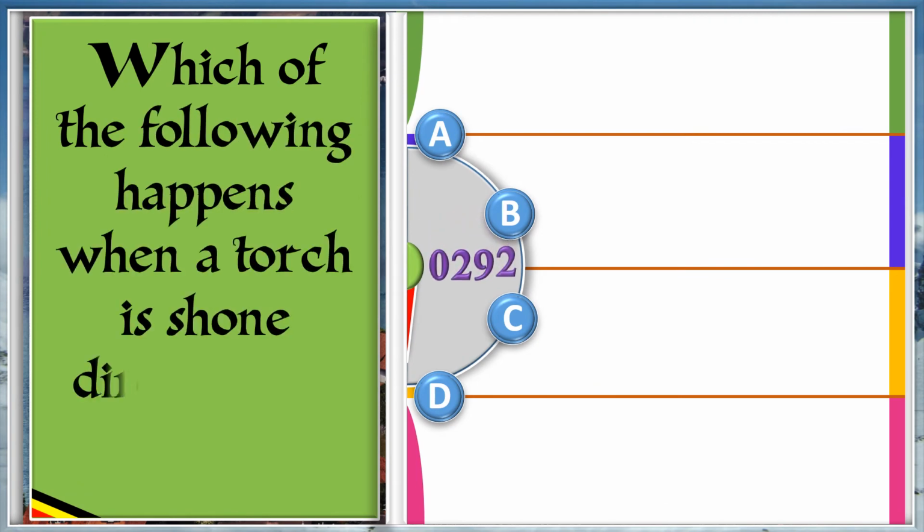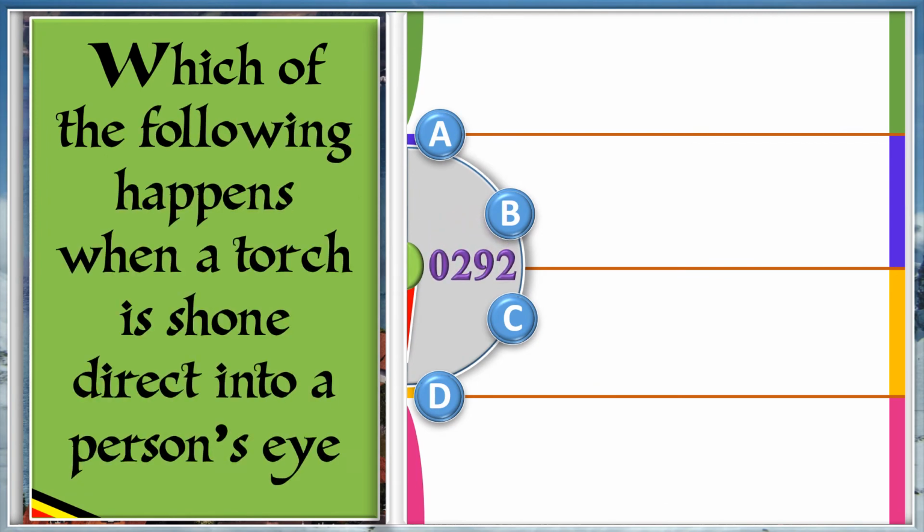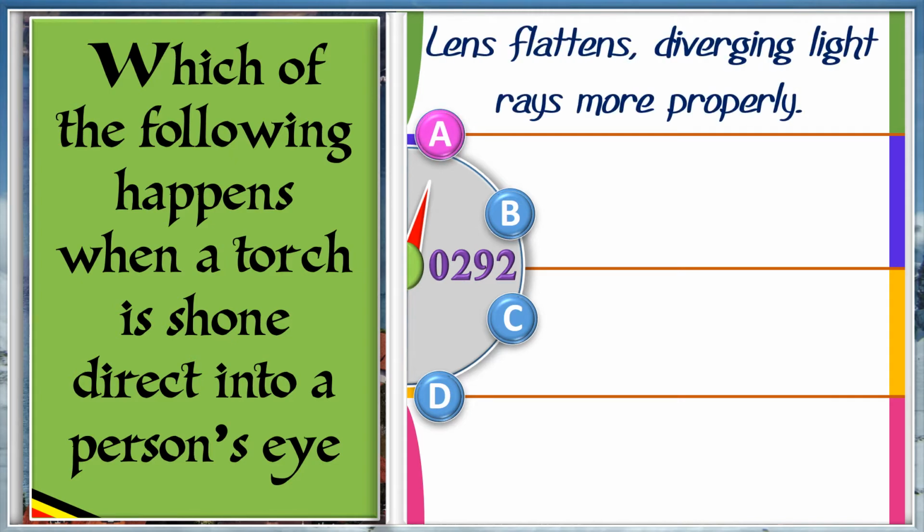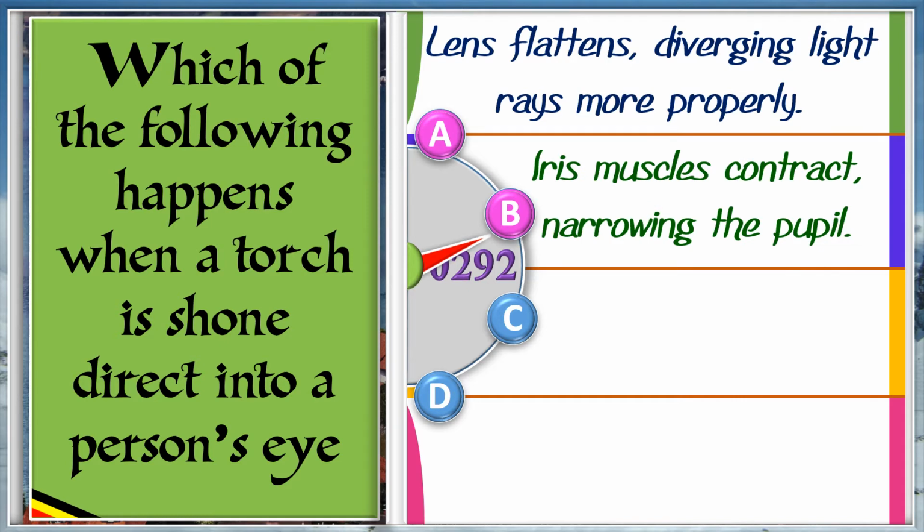Which of the following happens when a torch is shone directly into a person's eye? A. Lens flattens, focusing diverging light rays more properly. B. Iris muscles contract, narrowing the pupil.